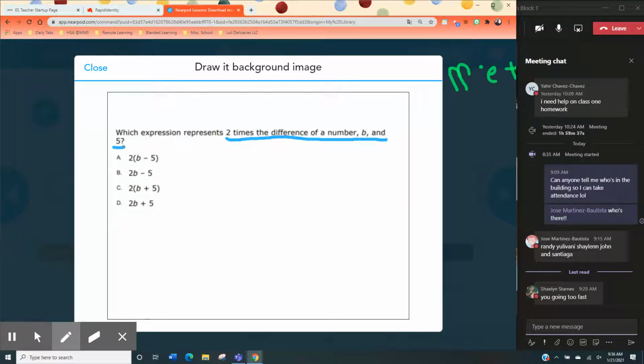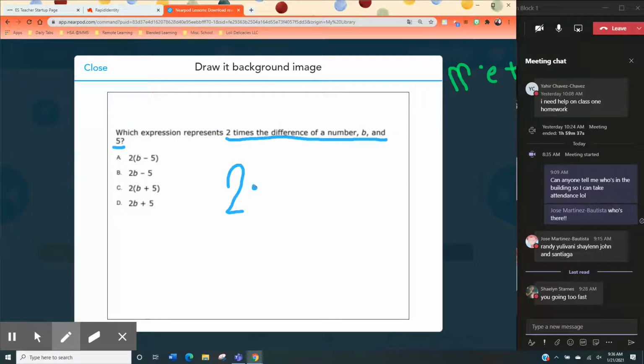So it says 2 times, and we're going to dissect it a little bit at a time. For right now, I'm going to represent times with a little dot to show multiplication. So 2 times the difference.